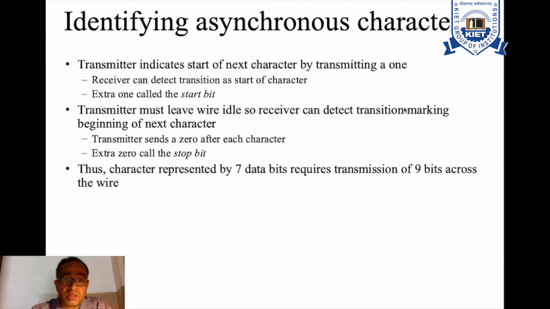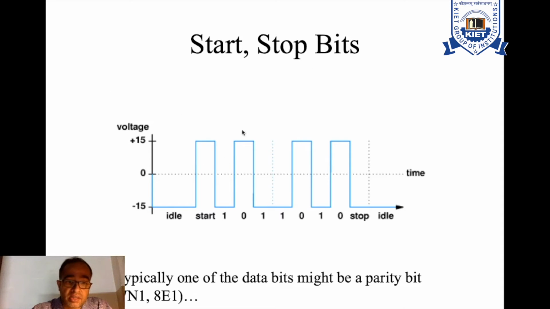Now, however, asynchronous characters are identified. In this particular case, initially the channel is idle. To start the communication, the transmitter sends 1. When the transmitter sends 1, it tells the receiver that the transmission is going to happen.